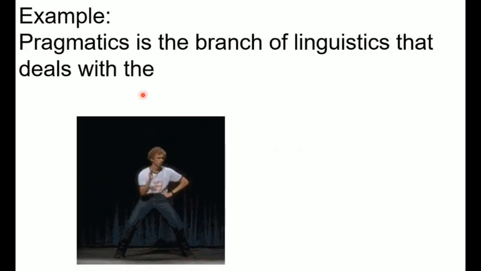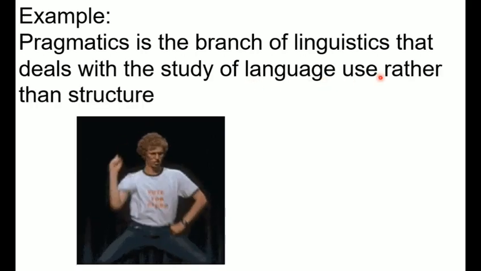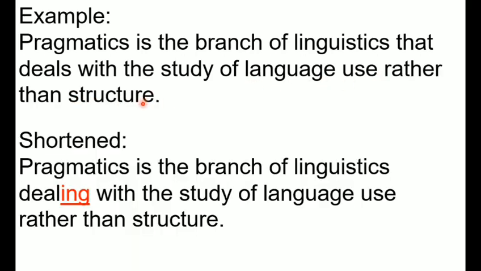Example: Pragmatics is the branch of linguistics that deals with the study of language use rather than structure. Okay, shortened form: Pragmatics is the branch of linguistics dealing with the study of language use rather than structure. We have used here the -ing form. Dinagdag lang dito sa deal. Okay.